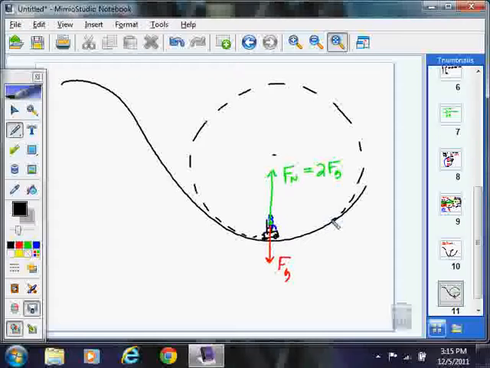And they tell you that the radius of the circular path right there is R. That would be the center of that circle. And if R is 20 meters, they're asking you what's the tangential velocity of the roller coaster at that point.